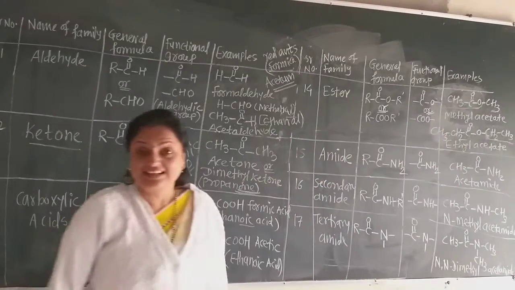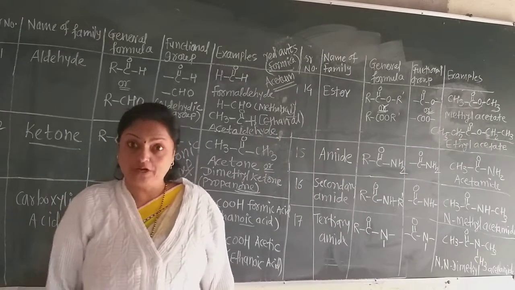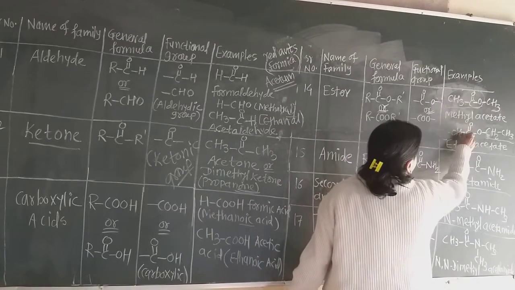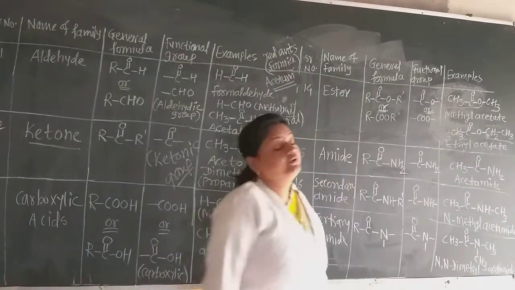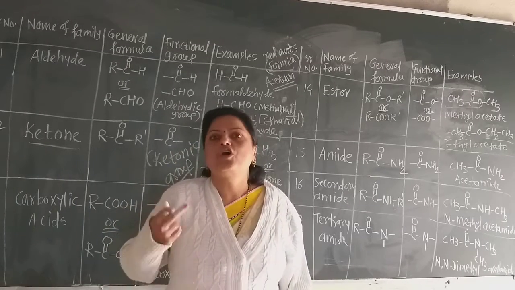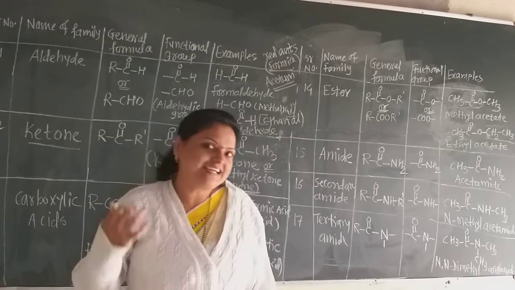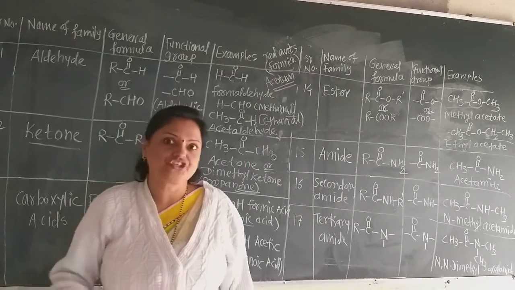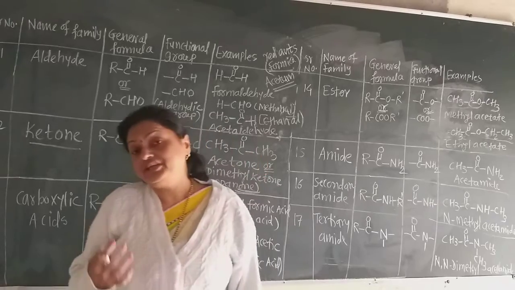Propanoic acid is there, so the name is ethyl propanoate. Now in this way the names are given to the ester family. Very important, because we know that the soaps which we use for our body cleansing, that is bathing soap, are nothing but sodium salts derived from esters, and esters are very important.